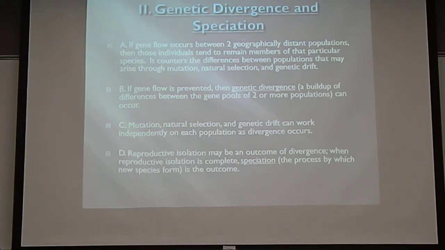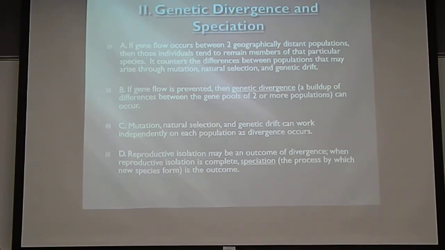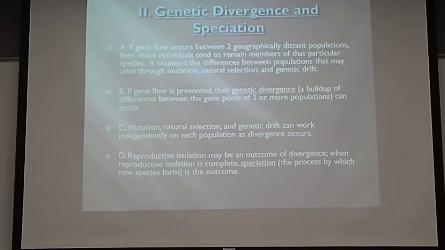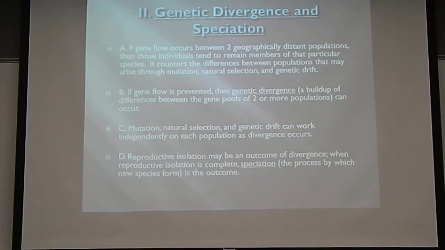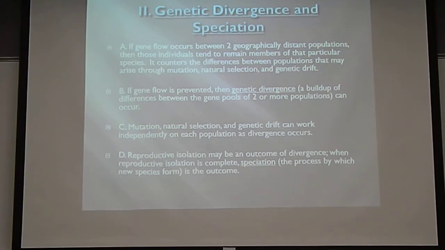And so you have this thing called genetic divergence occurring in the gene pools. So you get differences in the gene pools.